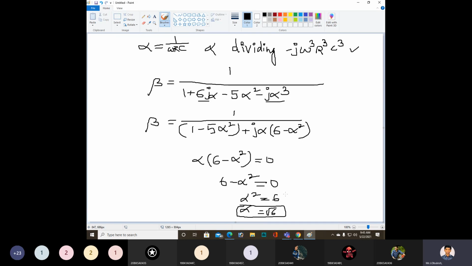Okay, here you are getting the alpha value, right? After getting the alpha value, you need to find out omega. Alpha is equal to what? 1 by omega RC, right? Then 1 by omega RC is equal to root 6.